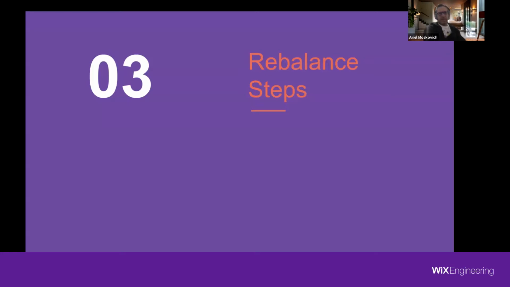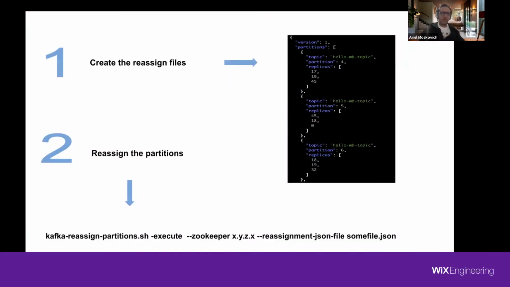So what are the rebalance steps? What are the steps that I use in that process? Before I speak about those steps, I want to give a quick description of how the Kafka rebalance is performed.